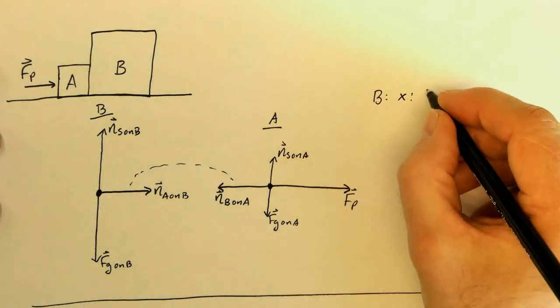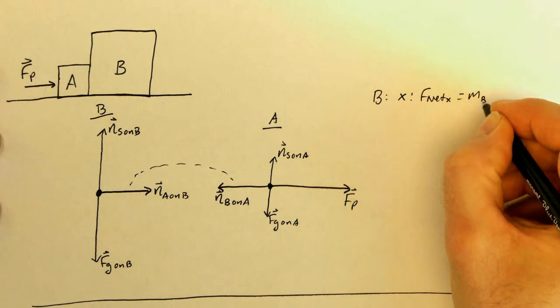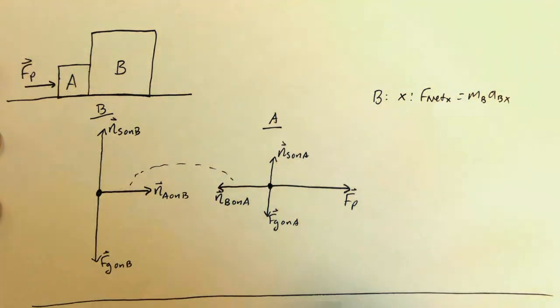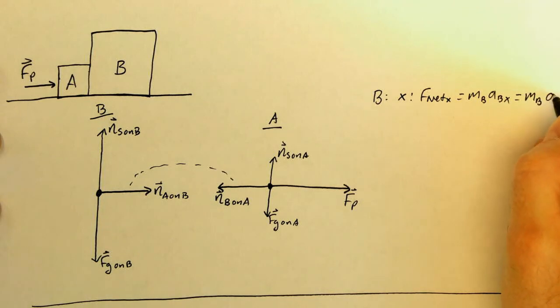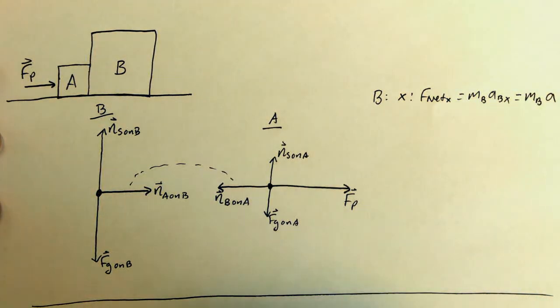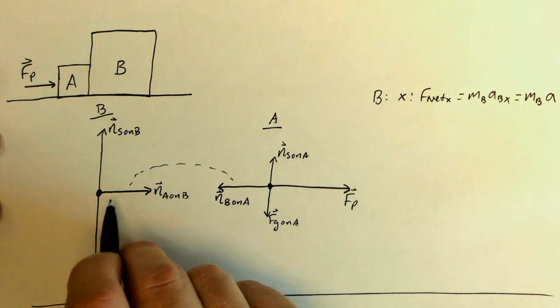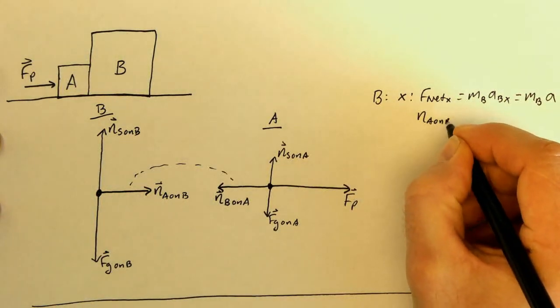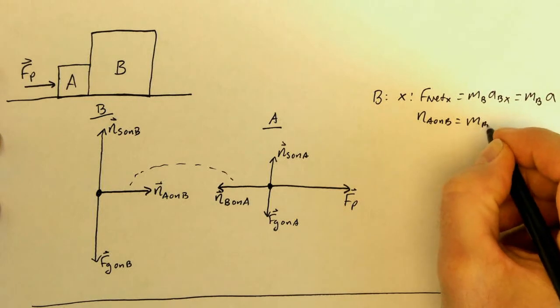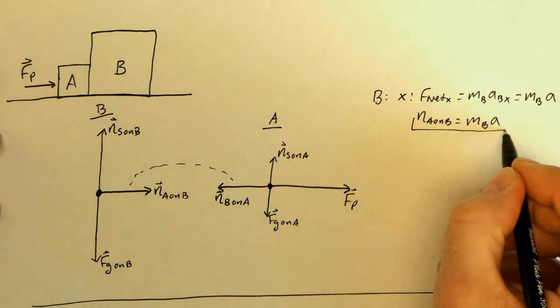Looking at the x component, F net x equals m_B a_Bx, which, since they're all moving together, I can reduce to just one variable, knowing that it's equal for both objects. Now, what is F net x? There's only one force there, so that is N_A on B equals m_B a.